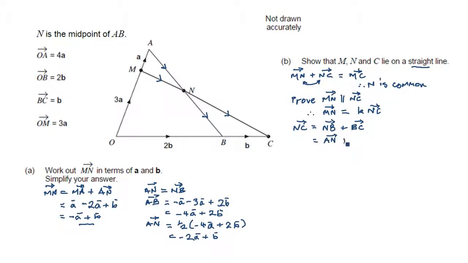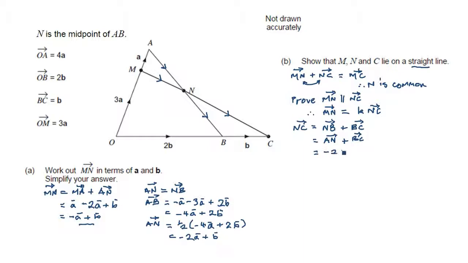So we can write A to N plus B to C. Because this is the midpoint of this line. So A to N, we've already written down, A to N is equal to N to B.